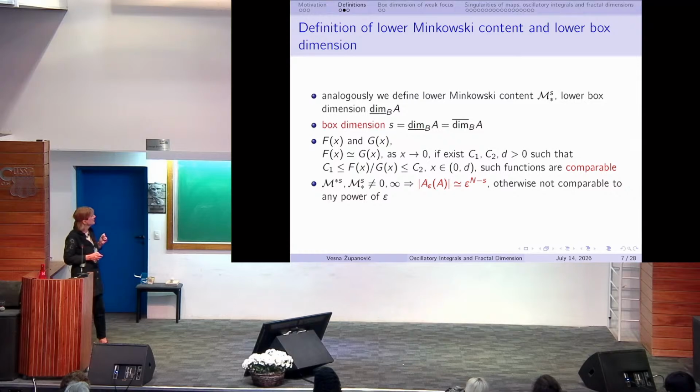It's the technical thing that we really needed. And also, if the Minkowski content is not 0 or not infinity, we say that some object set is Minkowski non-degenerate. If there is some coefficient in front of the first term, then it's Minkowski non-degenerate.